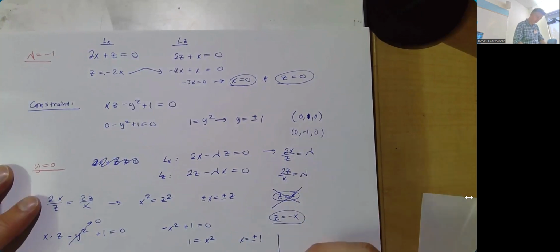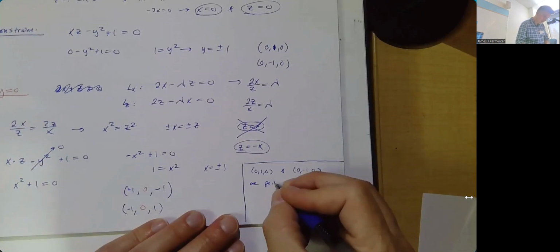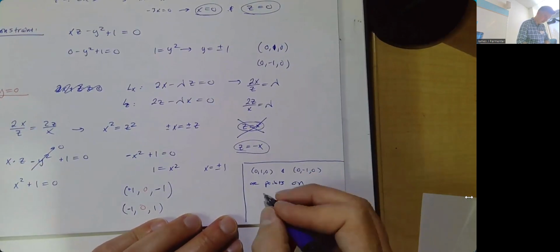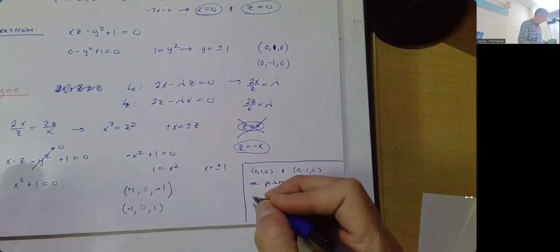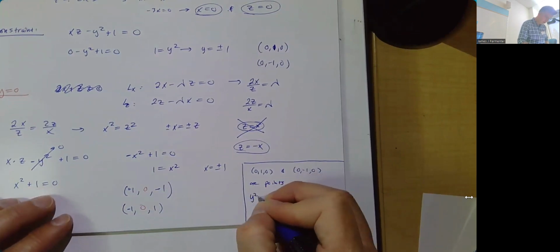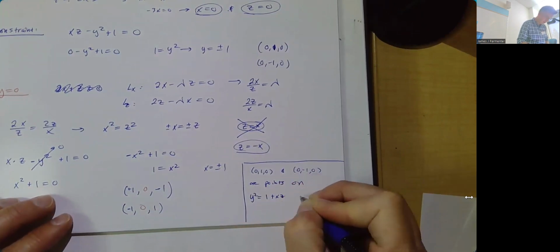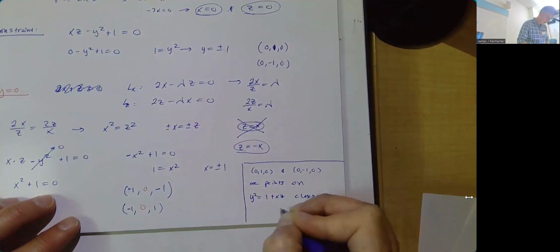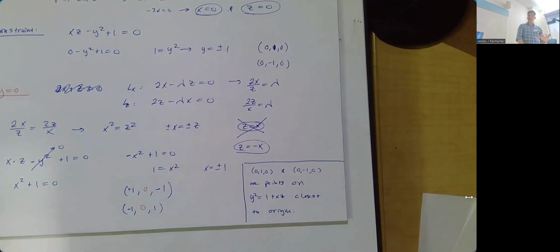So 0, 1, 0 and 0, -1, 0 are the points on the surface, which I should write this way, y squared equal to 1 plus xz, closest to the origin. Because they have the minimum, the smallest distance, which I'm just plugging into the equation without actually writing it down.